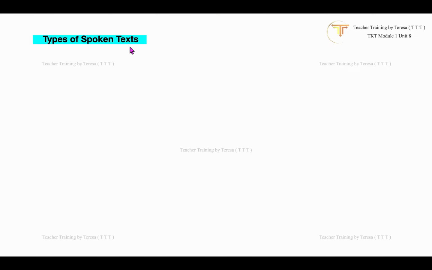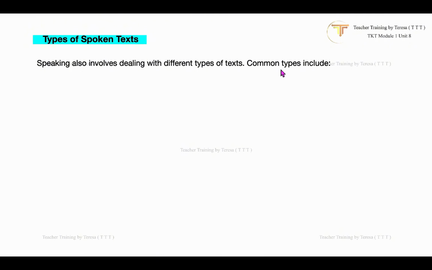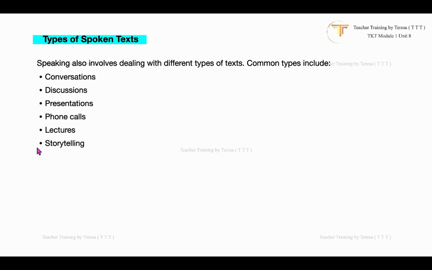Types of spoken texts. Speaking also involves dealing with different types of texts. Common types include conversations, discussions, presentations, phone calls, lectures, storytelling, giving directions, meetings, announcements.